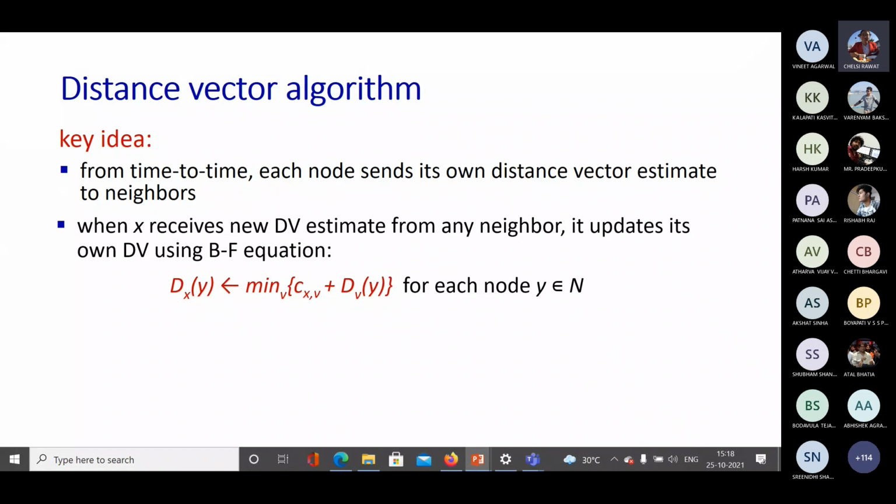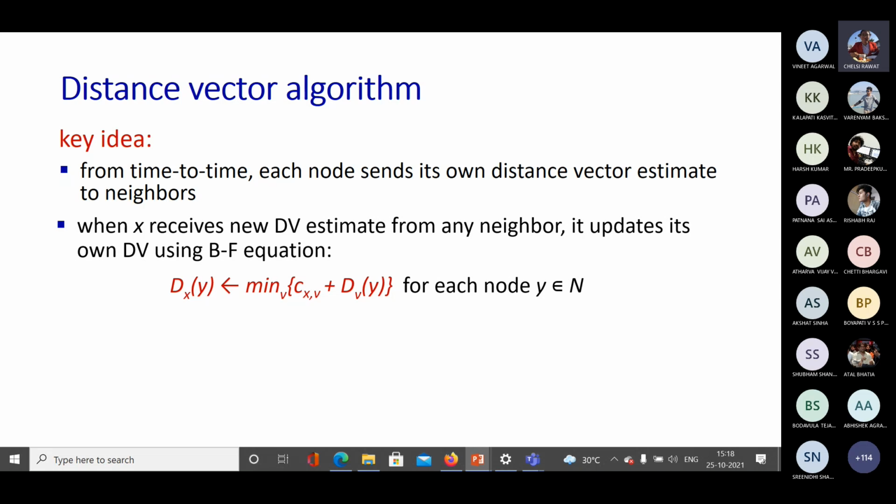Once this node gets any distance vector estimate, it tries to update its own distance vector using the Bellman-Ford equation.